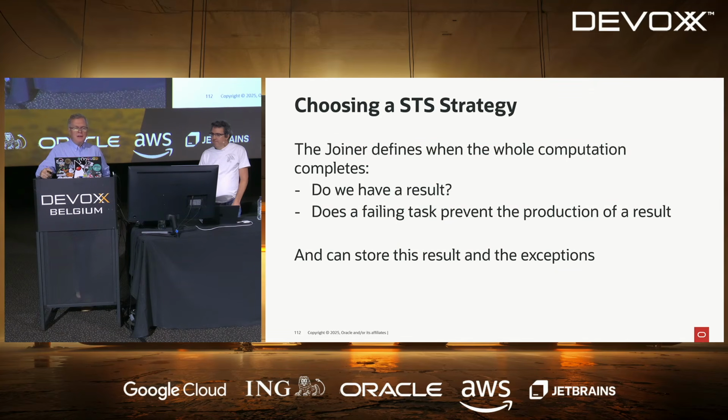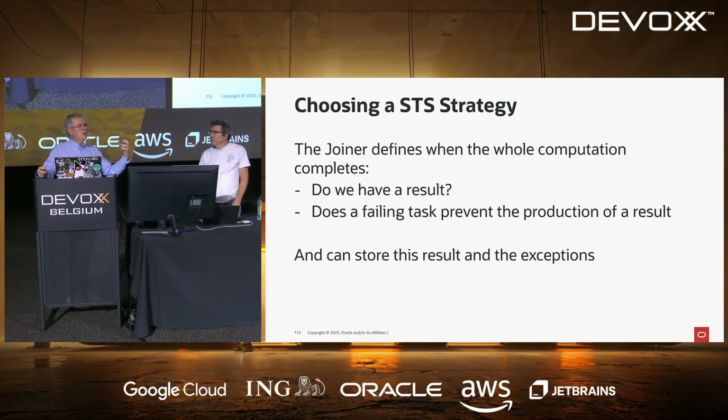Now, that being said, the joiner defines when the whole computation is complete. Okay, for instance, if you're querying a DNS, you're only interested in the first result because all the other results will be equivalent. So as soon as you have a first result that is a success, then what you want is to get this result and cancel the rest.